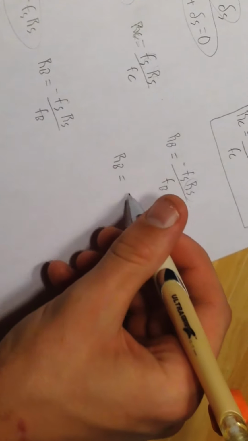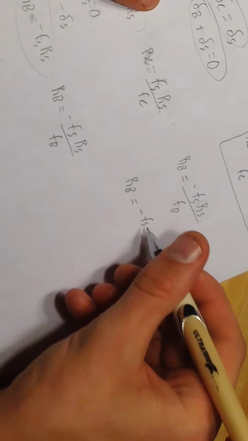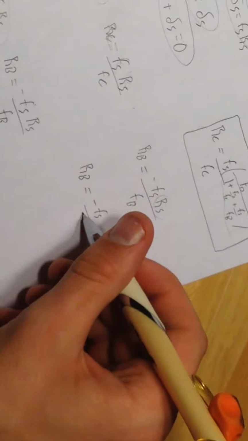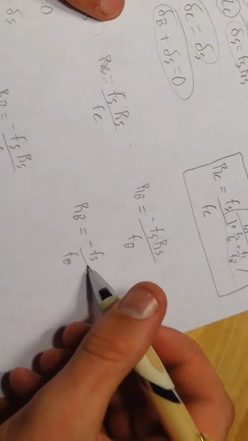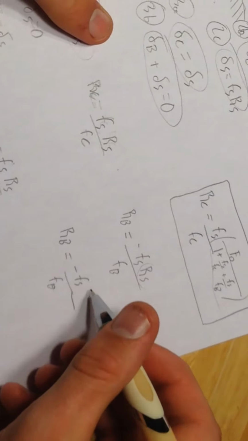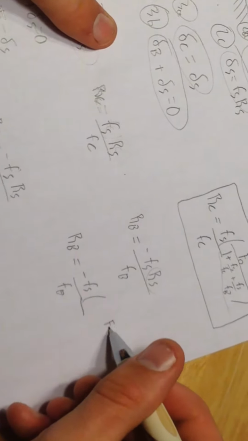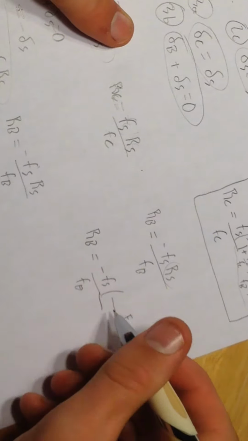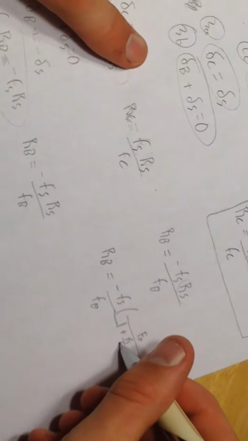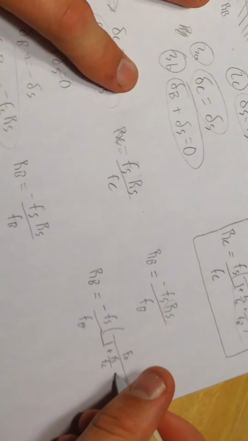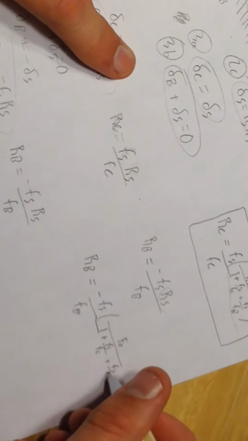The reaction at B is going to equal negative FS over FB. And then again we're going to substitute this whole quantity in here. We have F naught over 1 plus FS over FC plus FS over FB.